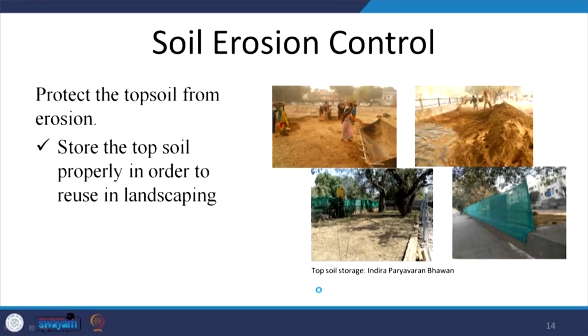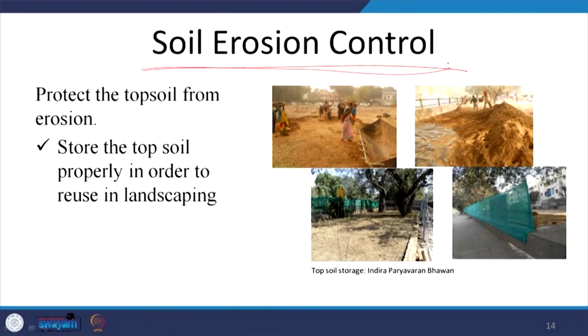The next aspect is soil erosion and its control. Often during the construction a lot of soil is eroded because of rains and also wind. That has to be absolutely controlled, minimized and brought close to zero. So no soil should be eroded during the process of construction.